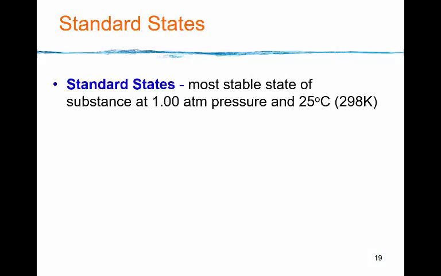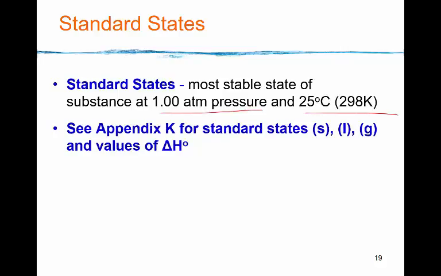Okay, so standard states. You remember this hopefully from your Chem 111 days, because a standard state is the most stable state of a substance at 1 atmosphere pressure and 25 degrees C, otherwise known as 298 K. Those are defined because remember, those simplify our math when we're working a lot of problems.